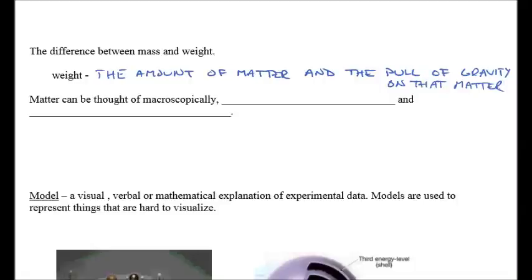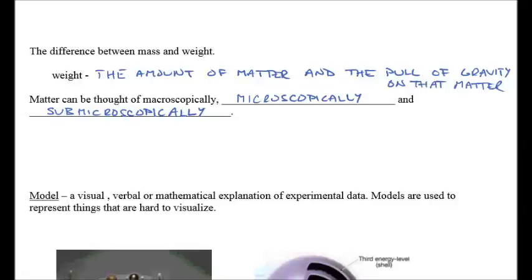So weight is dependent on gravity. During this course, we're going to be discussing matter macroscopically, what we can see, microscopically, which is small enough that you need a microscope to see, and submicroscopically, which is pretty much the theoretical part for us because we cannot see it, which is atoms, molecules, and atoms broken up into protons, neutrons, and electrons.